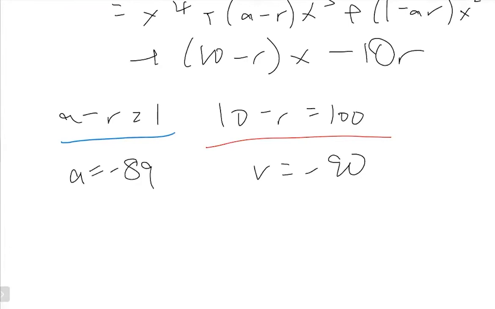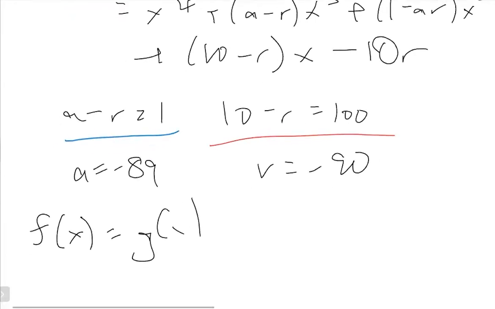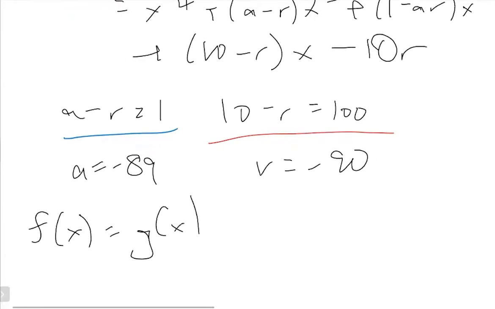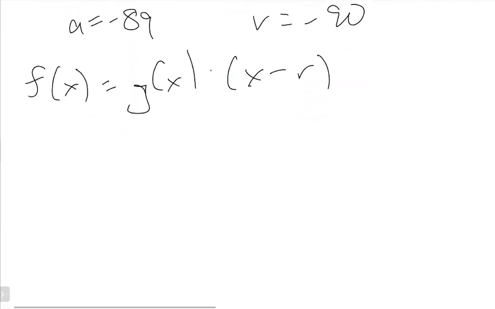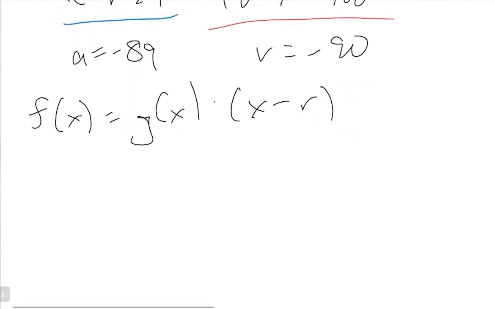Now, if we go back to our original expression, we know that f of x is equal to g of x times x minus r. And now if we plug in our values, right?